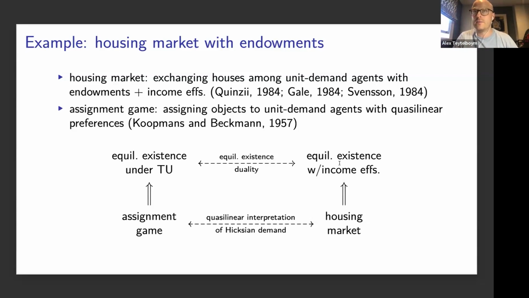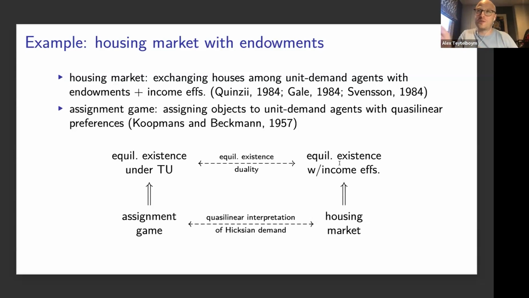What's interesting is that if you were to approach this result cold, it seems you can't prove existence by, say, a linear programming argument. It requires a kind of topological fixed point argument to give existence in the case of the housing market. We haven't somehow broken that barrier. The equilibrium existence duality itself requires a topological fixed point argument.